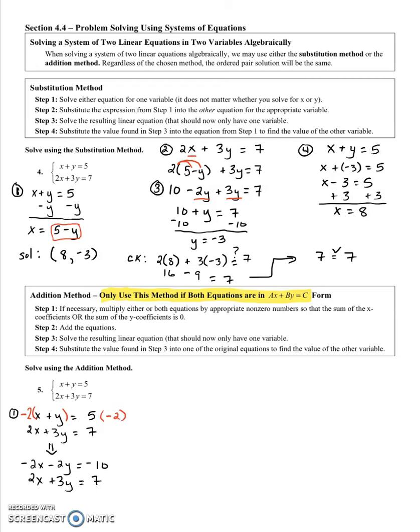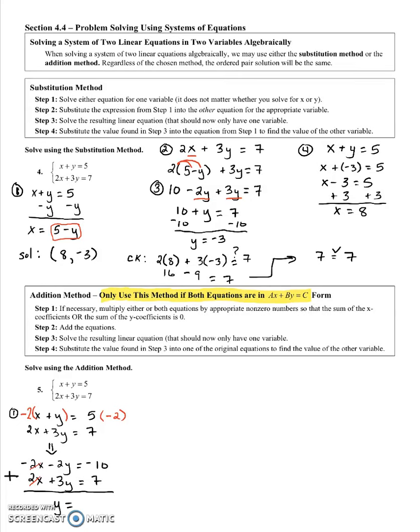I haven't done anything to my second equation: 2x plus 3y equals 7. Now, what happens if I add these two equations together? I have a negative 2x plus 2x, so those go away. I have a negative 2y plus a 3y, which gives me a positive 1y.